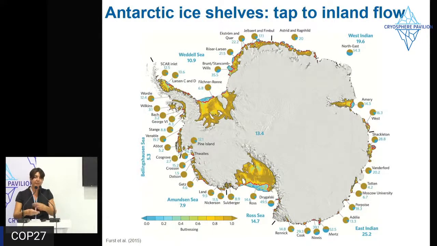That would be a kind of natural cycle of this kind of platform. But now, if we destabilize them too fast, and most of them almost at the same time, then it would induce a lot of ice discharge at the same time. And this is what our future projections are about.